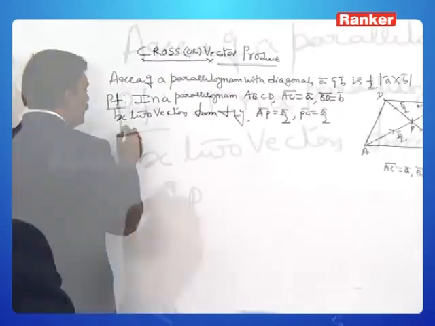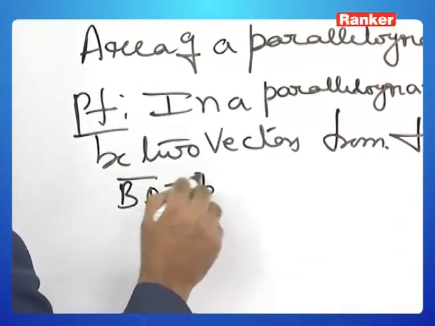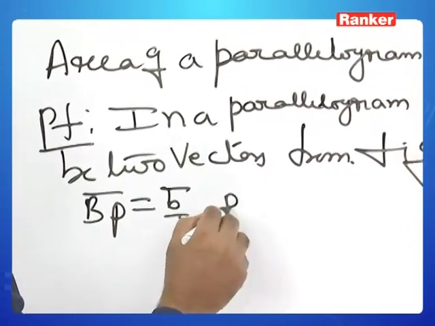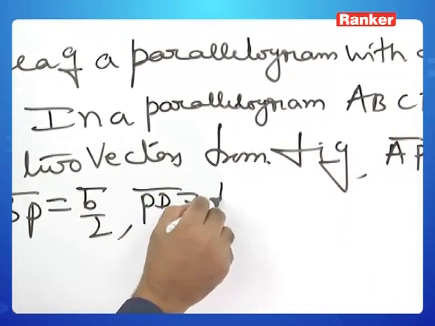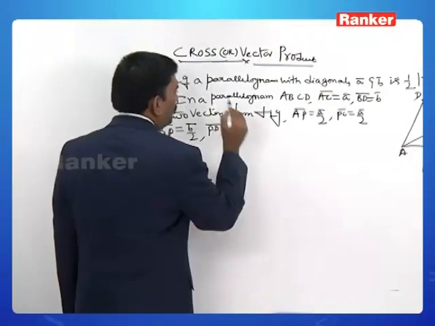BP bar is equal to B bar by 2, PD bar is equal to B bar by 2.